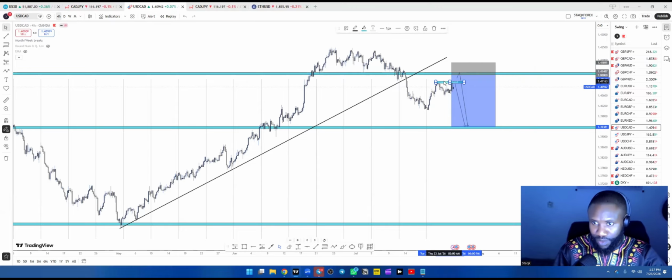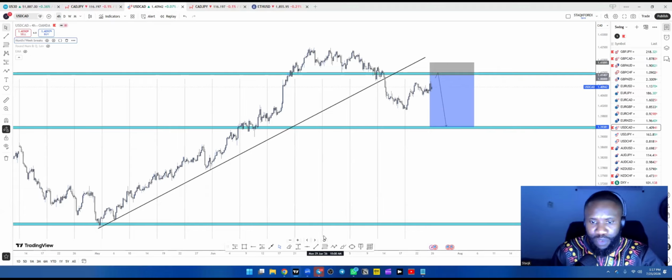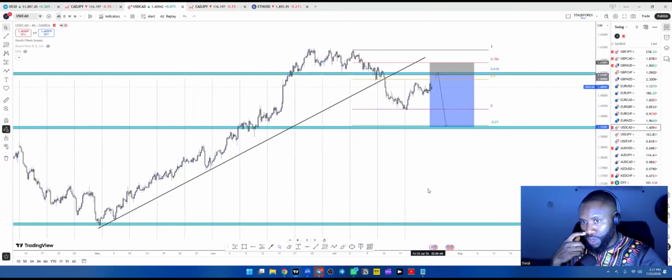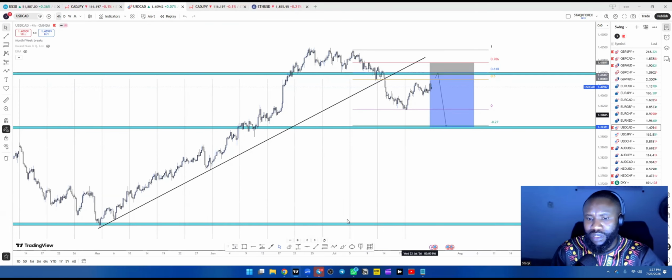All right. So now let's see with our Fibonacci level. Let's mark it out and see what is going to happen. As you can see, it lines up with our Fibonacci level. Currently, the price is sitting on the 50% retracement level, which is this level.